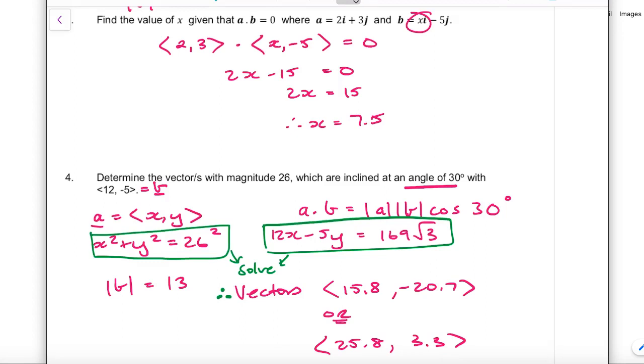That's because if we have one vector inclined at 30 degrees, it means both vectors are moving away from that point. So our theta is 30 degrees. And we can form the 2 equations to show the magnitude of vector A and the scalar product, what it should equal. And that gives us vectors (15.8, negative 20.7) or (25.8, 3.3).